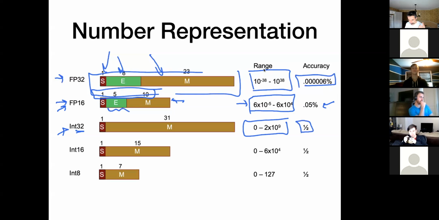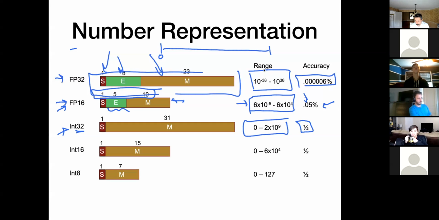So the difference is that when we are talking about the accuracy, when we have smaller values, let's say from a very small value, from 0 to whatever value that you can represent, right?